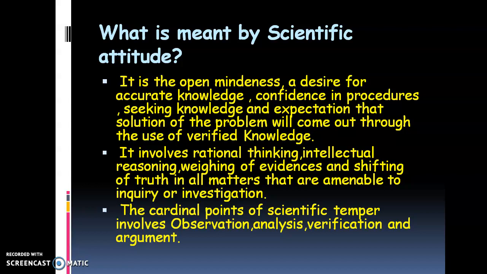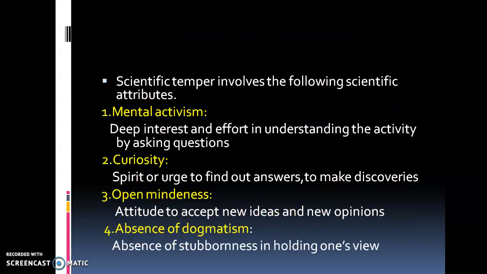It involves four different processes that we have already discussed in the previous class: observation, analysis, verification and argument. The scientific attitude or scientific temper involves the following scientific attributes, which we need to follow before doing an experiment.